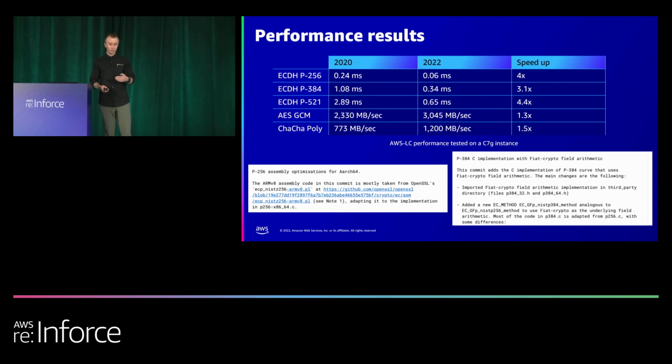We did this because we knew it was important for our customers to have the fastest possible crypto, but not all of our customers are going to be able to use AWS-LC on day one, but they still deserve to have the best performance and cryptography available with whatever application and toolkit they're using. So we're able to contribute some of these changes back, and we're going to continue to contribute future changes when possible.